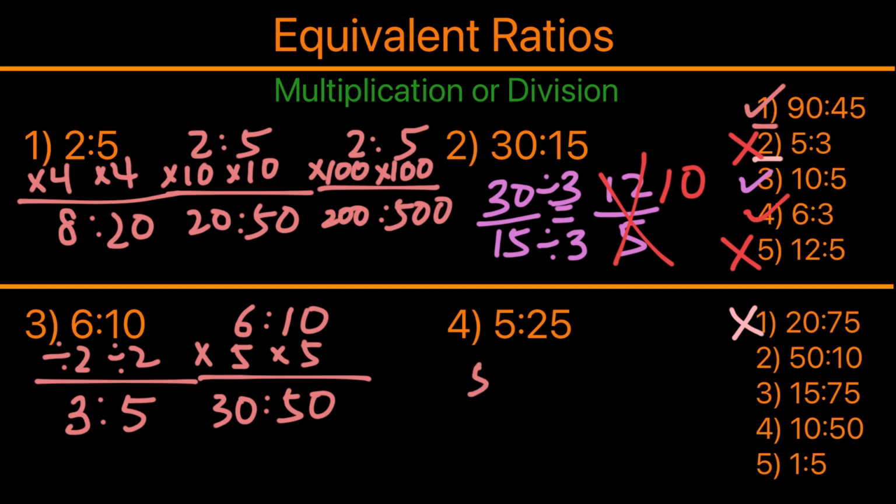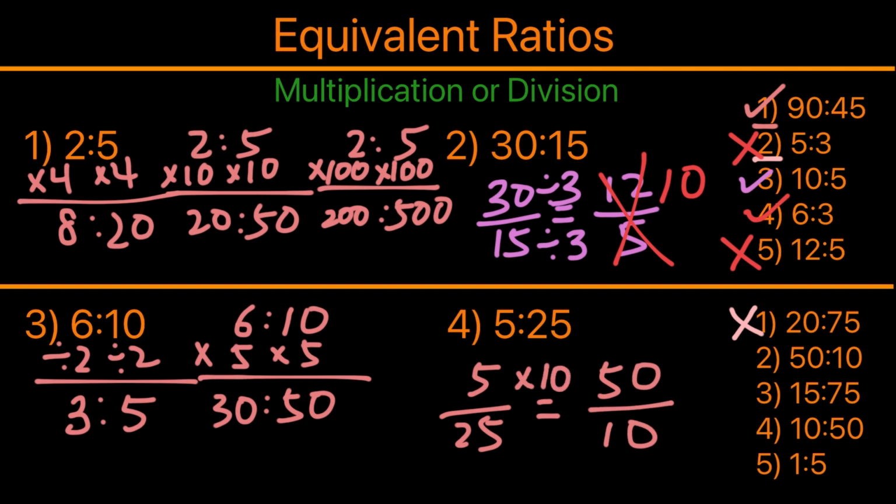Next, we have 50 to 10. From the numerator, we can tell 5 times 10 equals 50. But does 25 times 10 equal 10? No, it does not. This should have been 250, and therefore it's not a match.